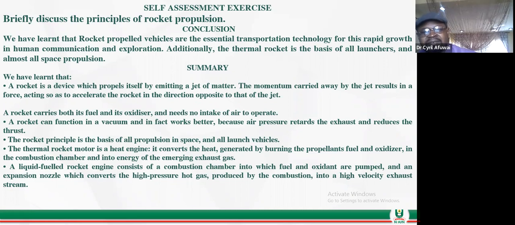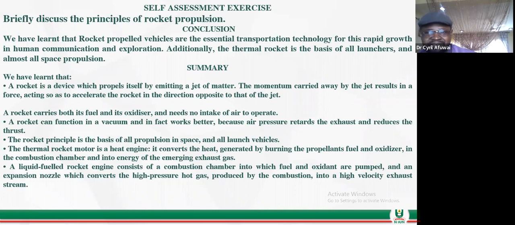Then we also learned that the liquid fuel rocket engine consists of a combustion chamber into which fuel and oxidant are pumped, and an expansion nozzle which converts the high pressure hot gas produced by the combustion into a high velocity exhaust stream.